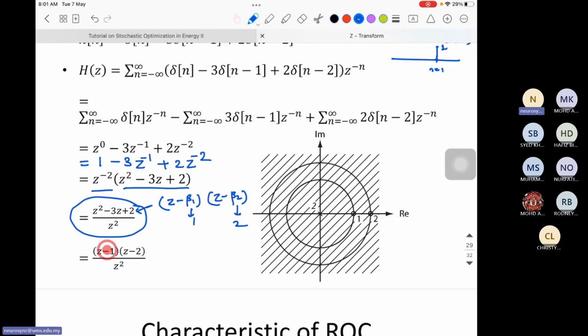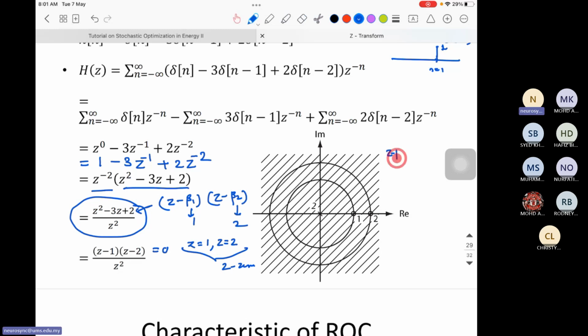Okay, so we have written it like this. Now find the location of poles and zeros for this. Zeros can be found when the numerator is 0. So at z equal to 1 and z equal to 2, zeros will exist. So there are two zeros in the system, at 1 and 2.